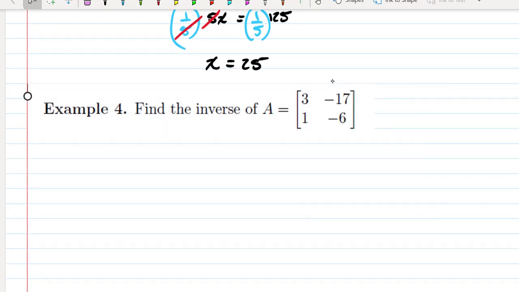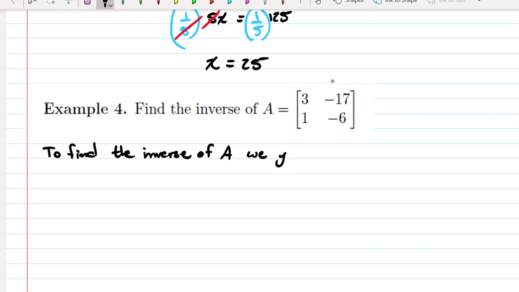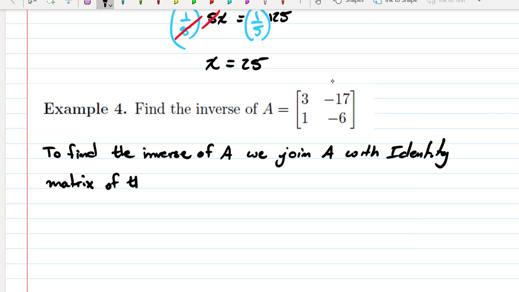So find the inverse of the matrix A. All right, so to find the inverse of A, we join A with the identity matrix of the same size.